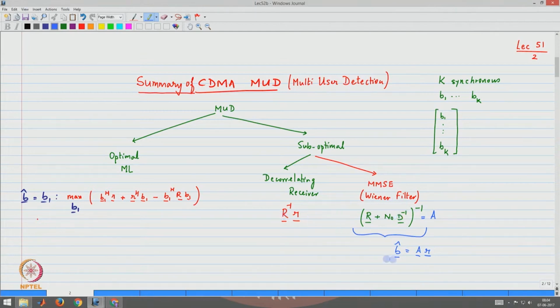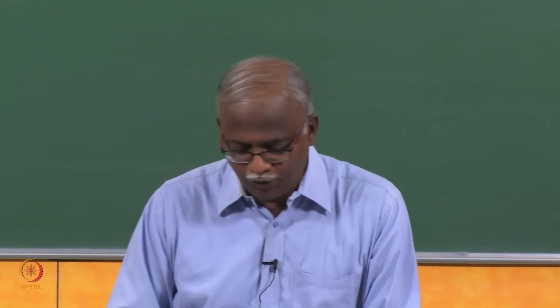And in most of the practical scenarios where the noise may not be negligible, the MMSE would be a better option compared to the decorrelating receiver, because the decorrelating receiver by its structure may cause enhancement of the noise. So, that is a summary of the CDMA multi-user detection schemes, and again I would encourage you to read from the different textbooks and reference books about the different approaches that we can use for multi-user detection.